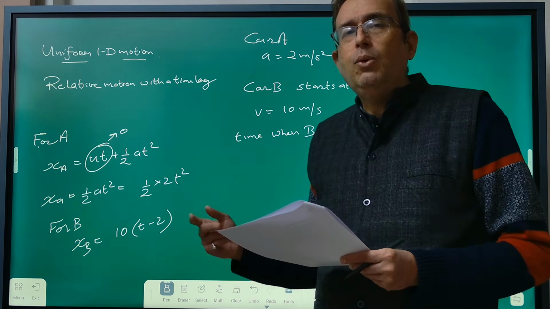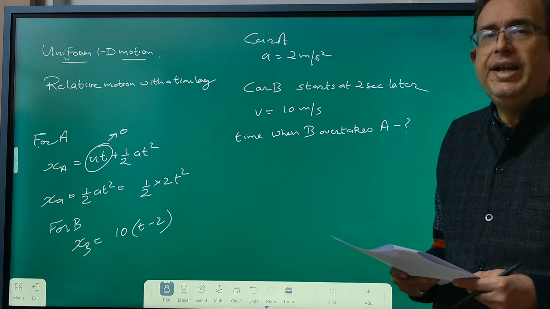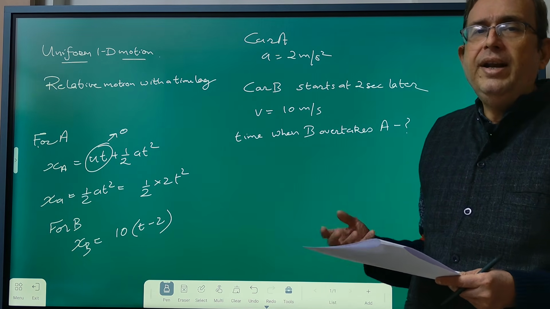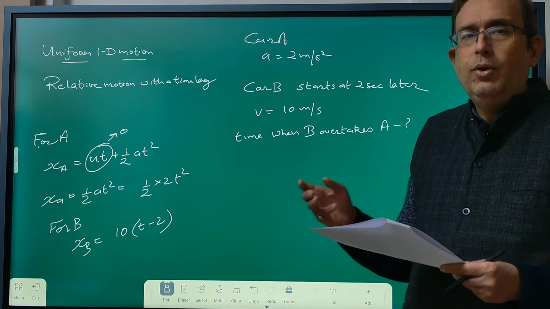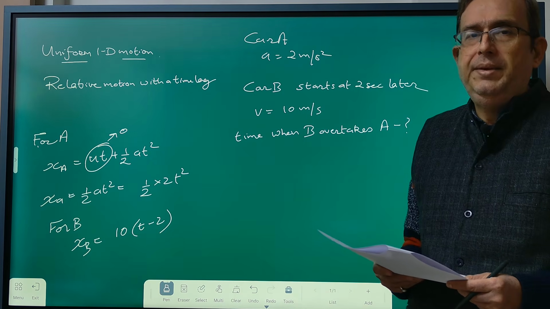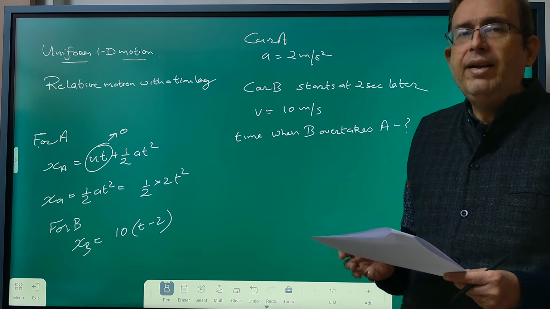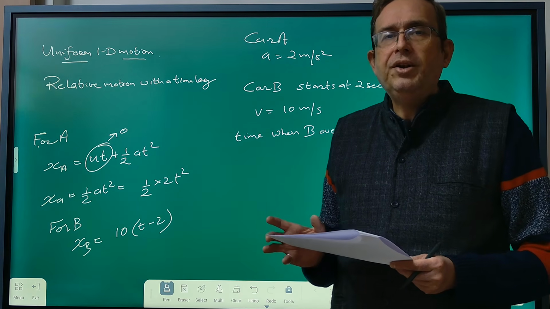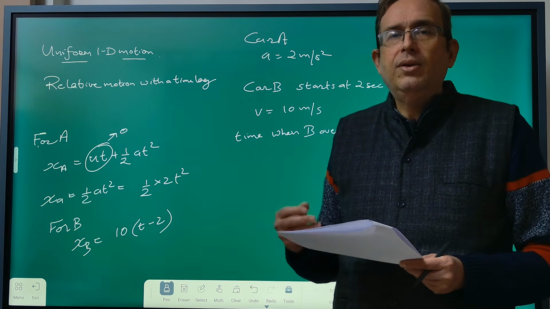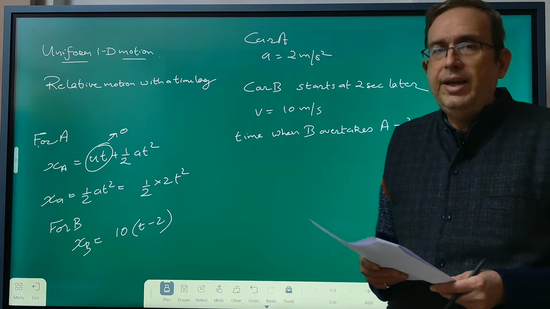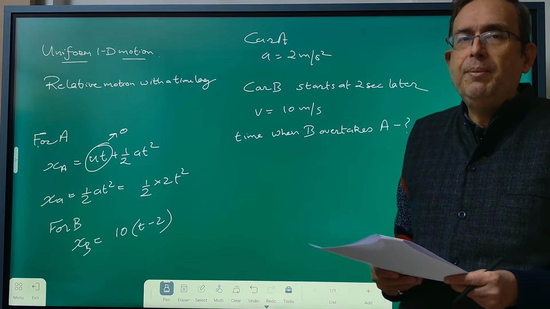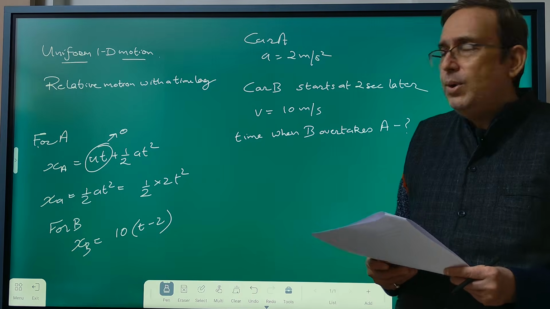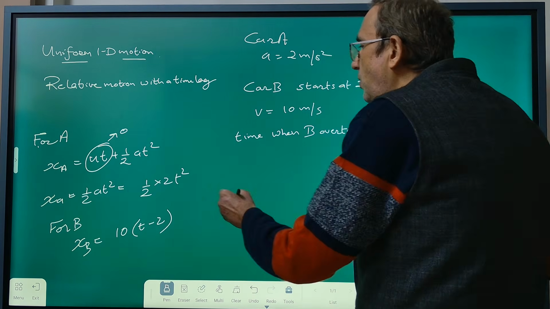And he's asking the question when B will overtake A. So what would be the time at which the coordinates of B would equal the coordinates of A? Both cars are moving in one dimension, so the x coordinates become the same at what time? That is the question. So we can just equate the two.